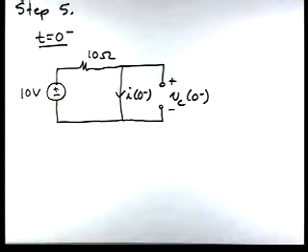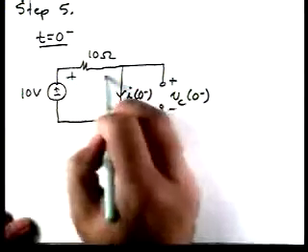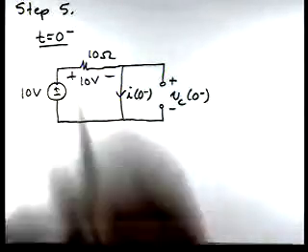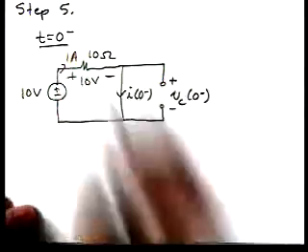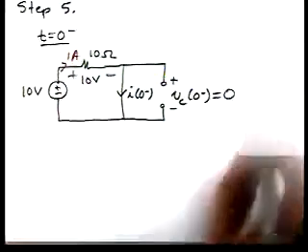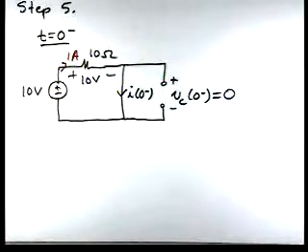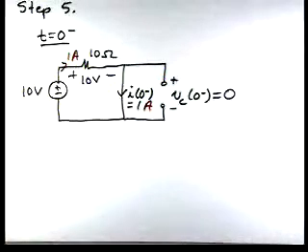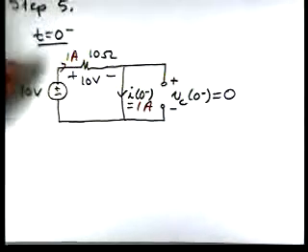If we look at our circuit, we know there's 10 volts, so we know there's 1 amp. So the capacitor voltage is 0, and the inductor current is 1 amp.